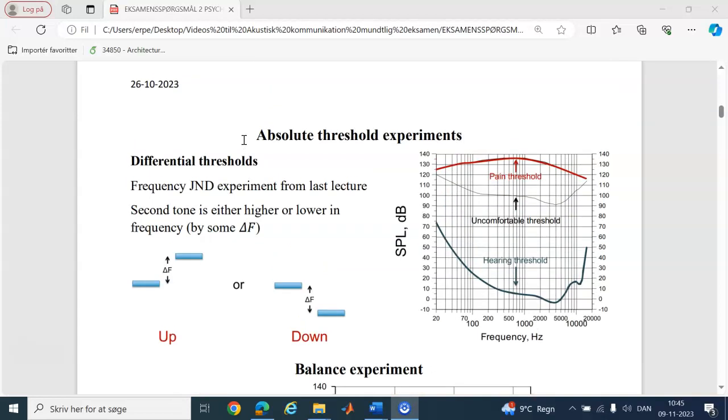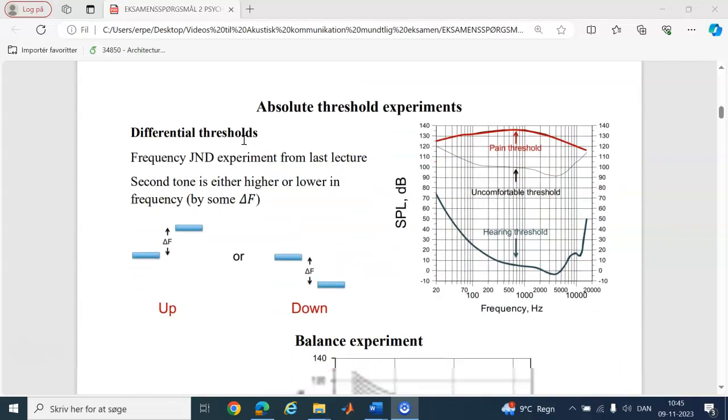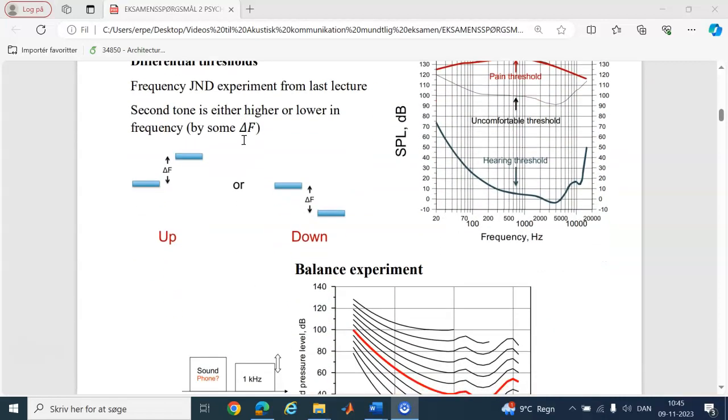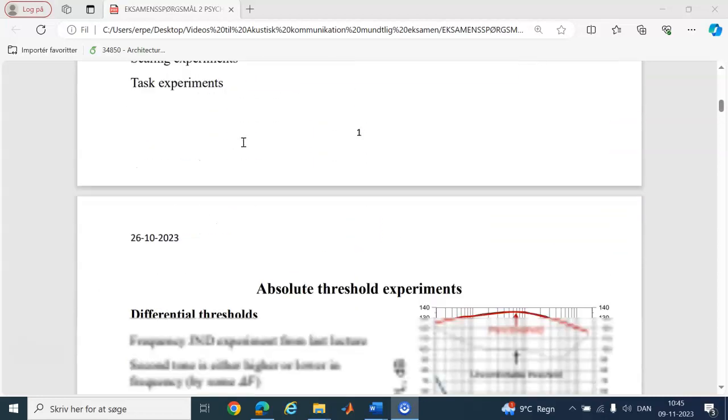This is what's called a threshold experiment. And of course we know the hearing threshold for normal people, the pain threshold, and the uncomfortable threshold.